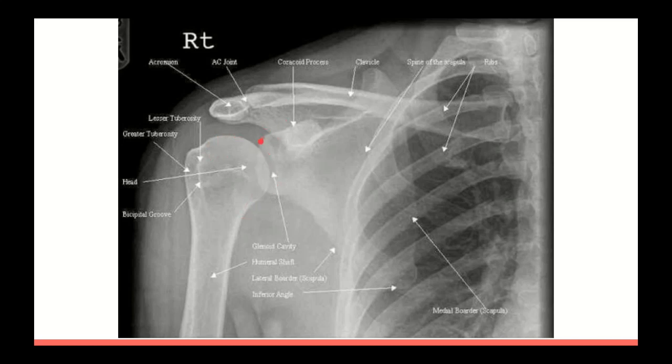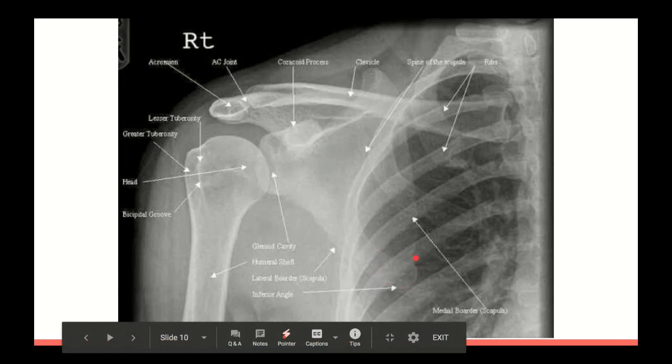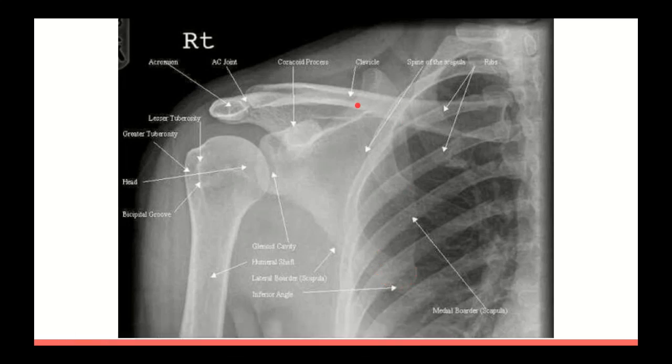And then the supraglenoid tubercle would be here. Infraglenoid tubercle would be here. Okay. And the scapular notch is here. And the scapular neck would be roughly there. And then finally, inferior angle and superior angle of the scapula.